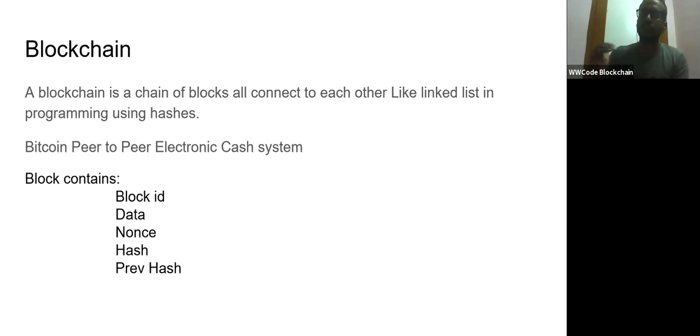If a person or hacker tries to change some data in one block, it changes every following block, so you need to change a lot of blocks. That is the big security of the blockchain. People cannot change all the blocks in a short period.